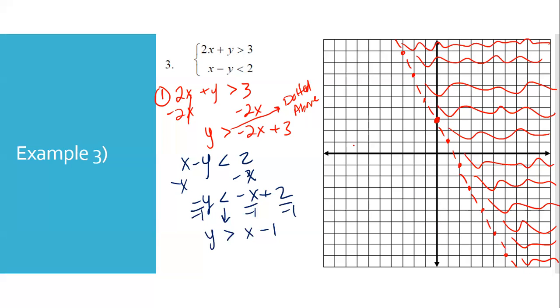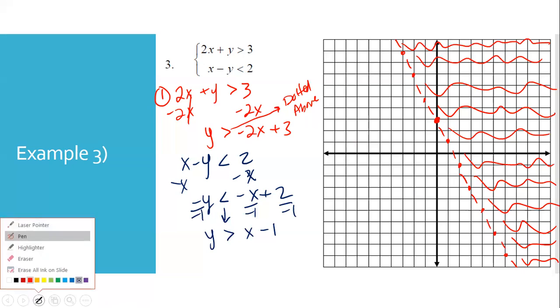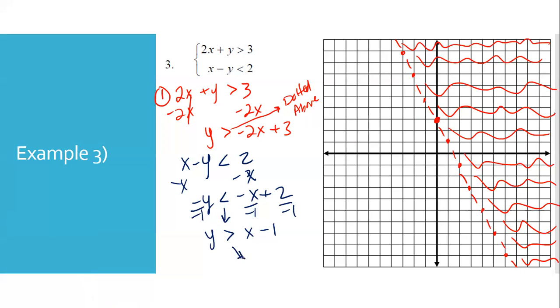Above or below the line. All right, on our second one, what's happening? What kind of boundary line do I have? Dotted. What kind of shading? Greater than. All right, so I'm going to start at -1. And my slope is just 1, so up 1, right 1.